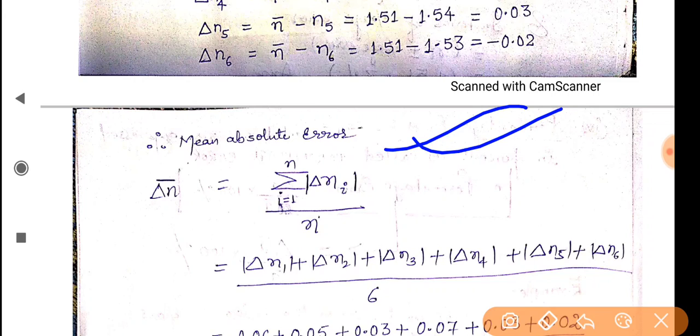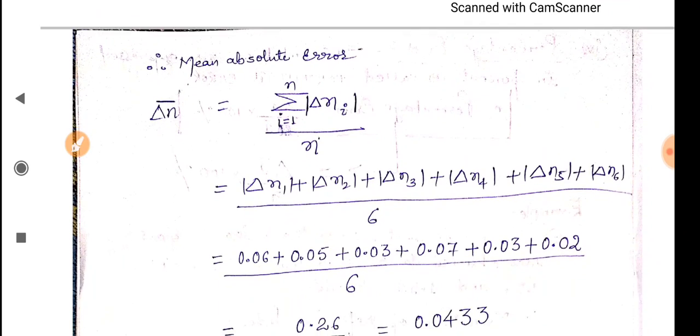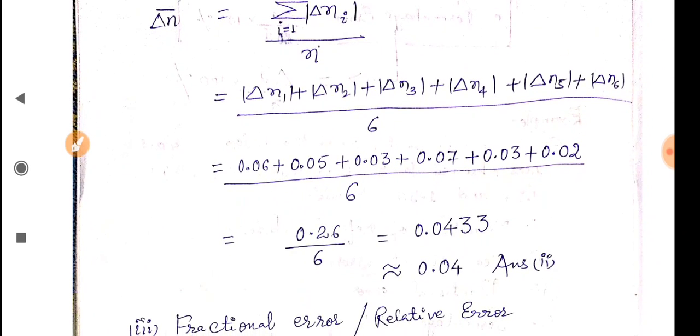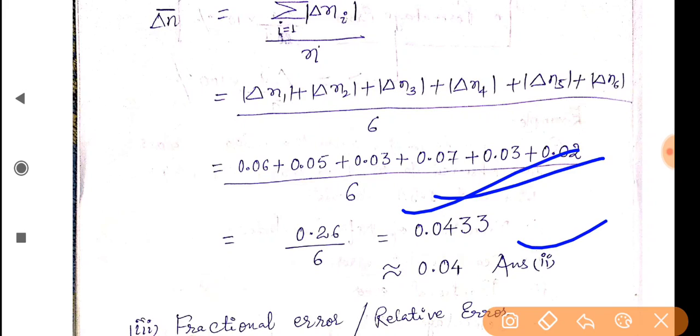Now the mean absolute error can be given as |Δn1| + |Δn2| + |Δn3| + |Δn4| + |Δn5| + |Δn6| divided by 6, and putting the values of all the absolute errors and dividing by 6, you will get 0.0433, which is approximately equal to 0.04. This will be answer number 2. This is the mean absolute error or final error, you can say.